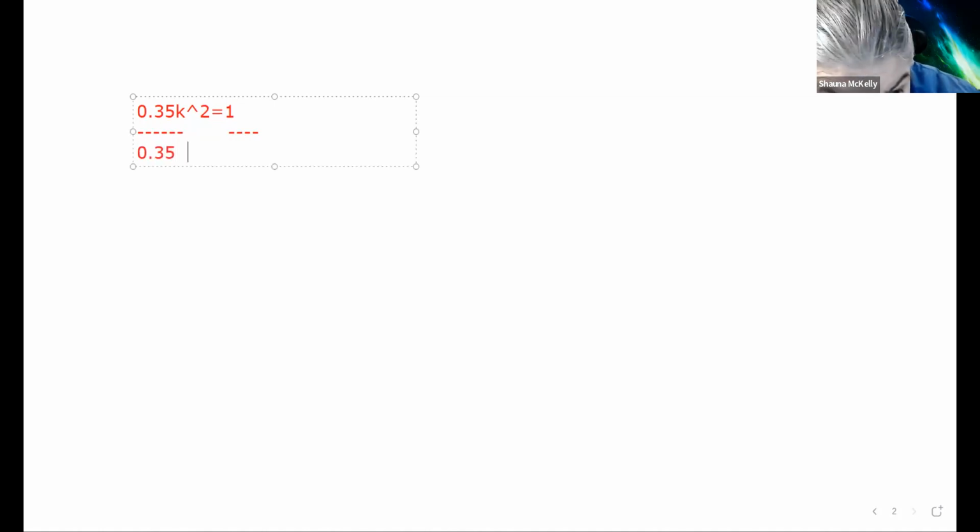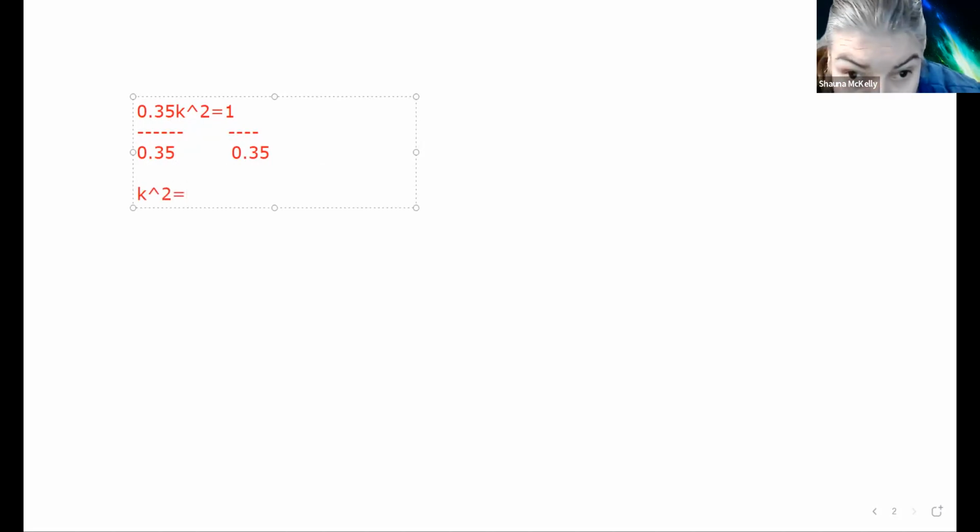So now this is going to give me K squared on the left is equal to 1 divided by 0.35.